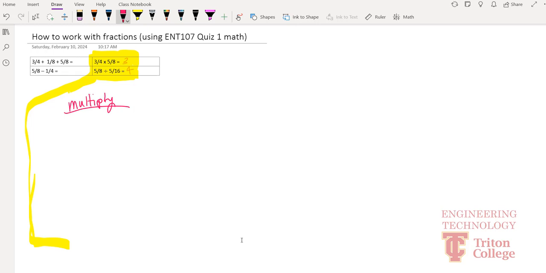Multiply. There you go. So 3/4 times 5/8. You literally just go across and multiply. See that? You just go totally across. So 3 times 5 is 15. 4 times 8 is 20. Done.